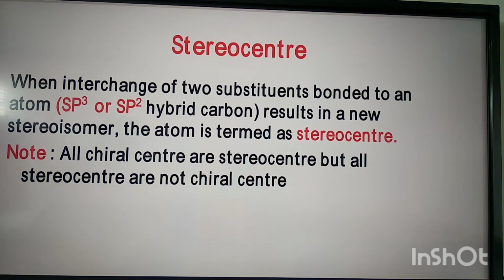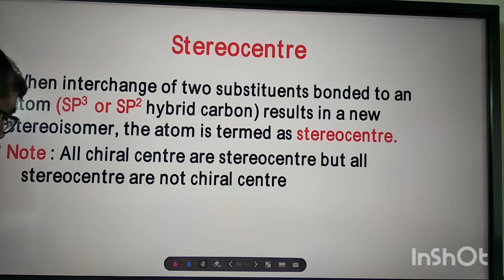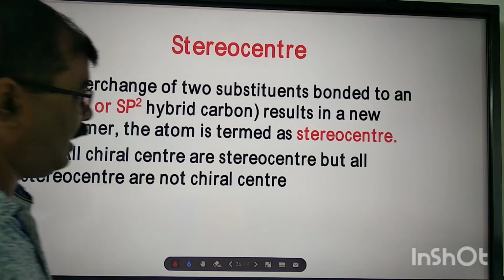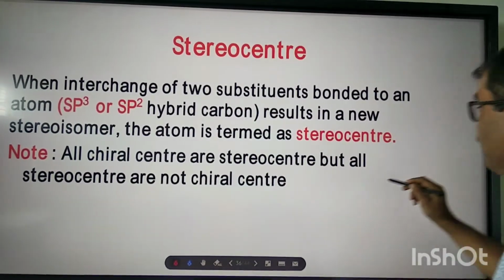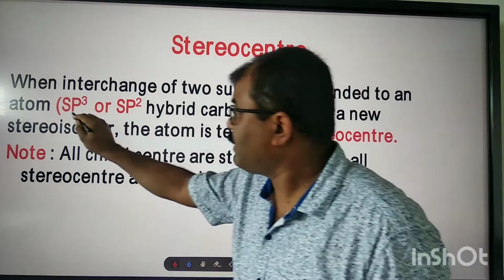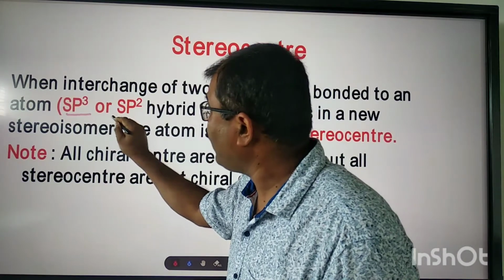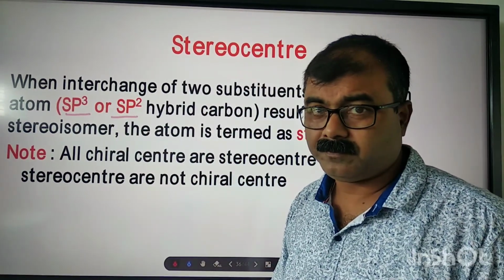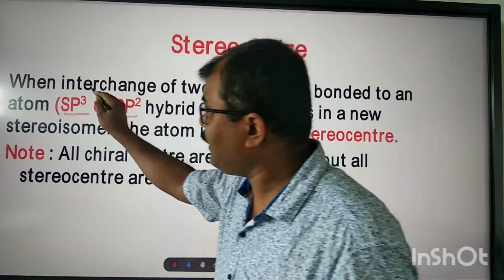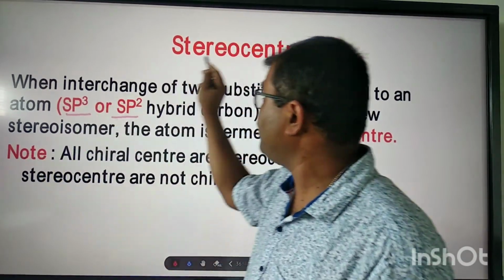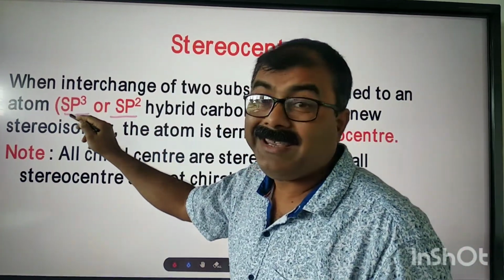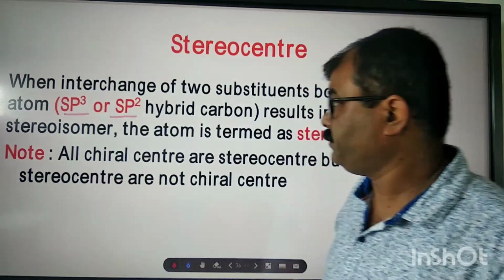So there are two important conditions to be a stereocenter. One is the carbon must be sp3 or it may be sp2 also. To be a chiral center, it has to be sp3, but to be stereocenter, it may be either sp3 or sp2.